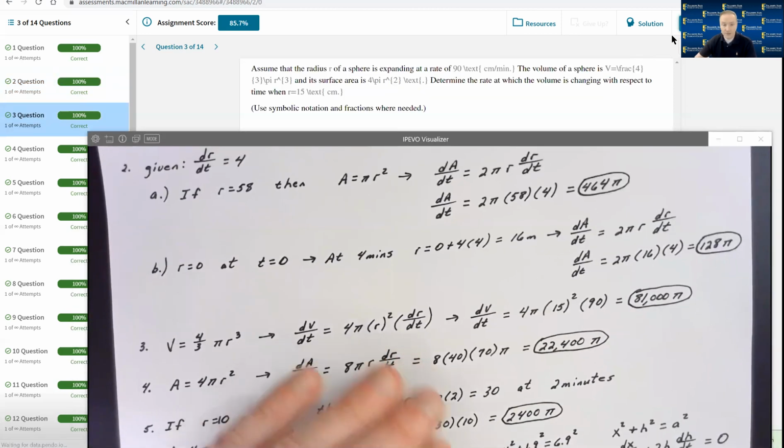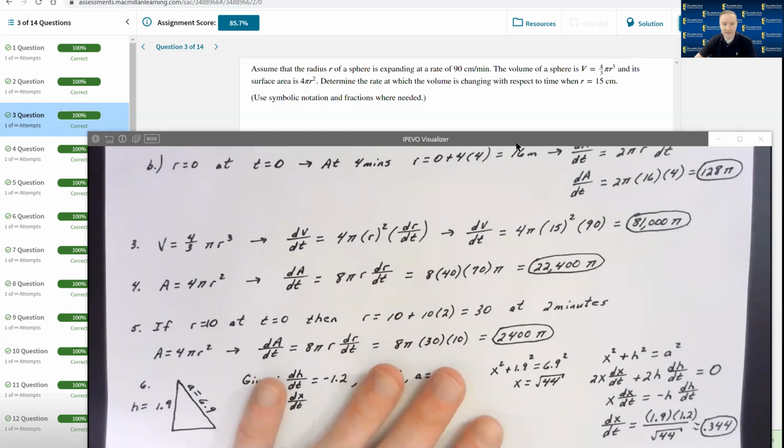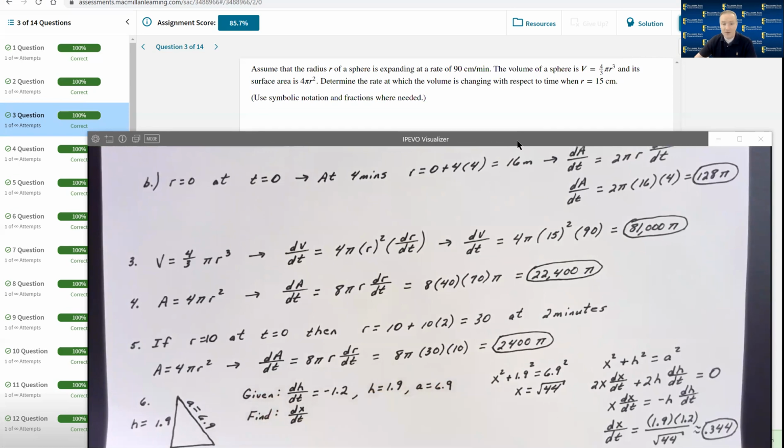For the next question here, it says, assume that the radius r of a sphere is expanding at a rate of 90 centimeters per minute. The volume of the sphere, V, is equal to 4/3 pi r cubed, and its surface area is 4 pi r squared.